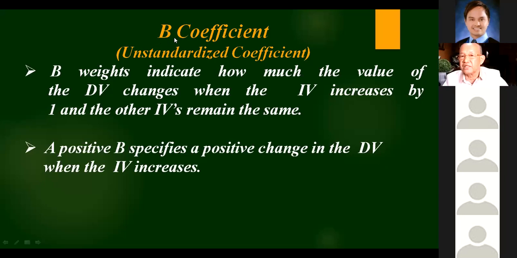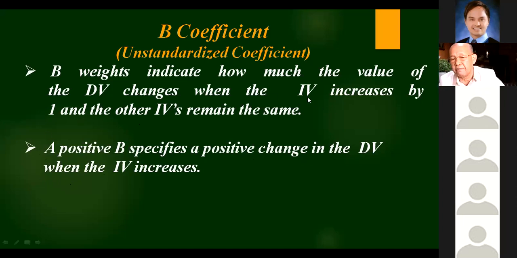Another thing, the B coefficient can either be positive or negative, parang correlation coefficient. If you find a positive B coefficient, what does it mean? A positive B coefficient specifies a positive change in the dependent variable when the IV increases. Halimbawa, ang X natin is mental ability.